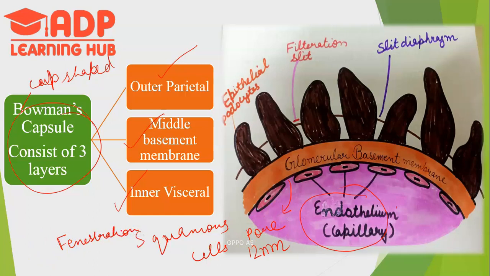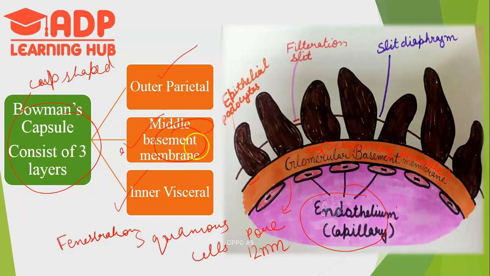And after the outer parietal layer, we have the middle basement membrane, which is selectively permeable in nature, and this means that this membrane allows few or specific materials to pass through it.